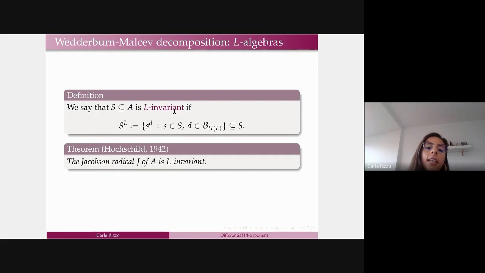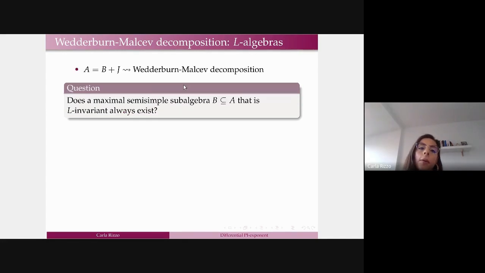A really interesting theorem of Hochschild tells us that the Jacobson radical of any associative algebra is always L-invariant. So if I apply a derivation, or a composition of derivations, to the radical of my algebra, then I get again an element of the radical. The question now is: let's consider the Wedderburn-Malcev decomposition.